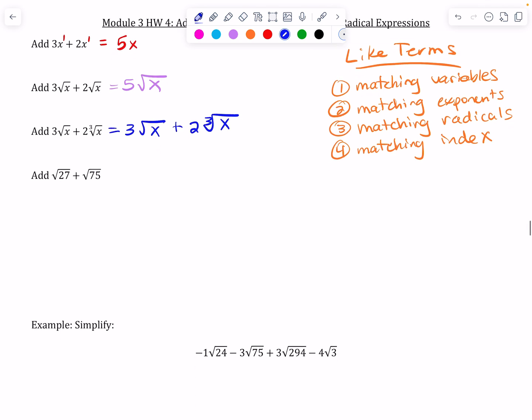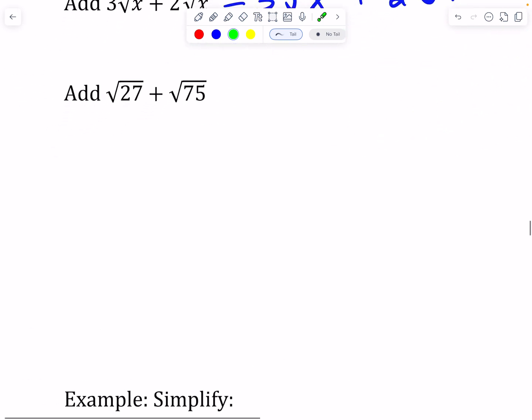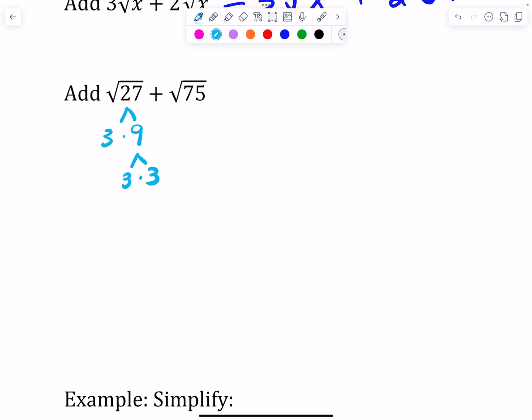So the next one, we've got the square root of 27 plus the square root of 75. Now we can't tell if they match until they're simplified. So we're going to use what we learned in the last section. We're going to take this 27, and break it down to be 3 times 9. 9 breaks down to be 3 times 3.